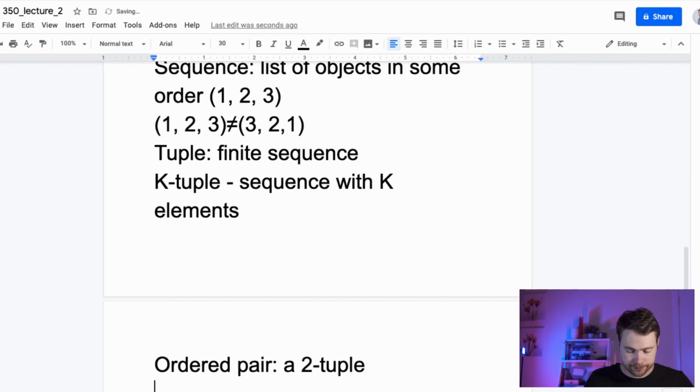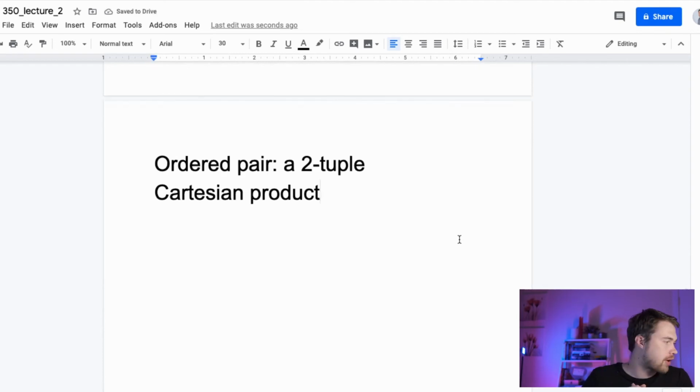Cartesian product. Cartesian product, what is that?